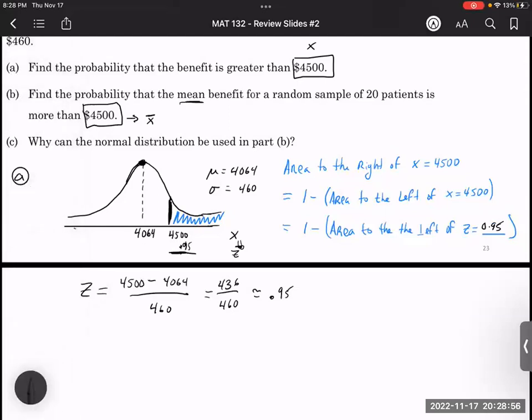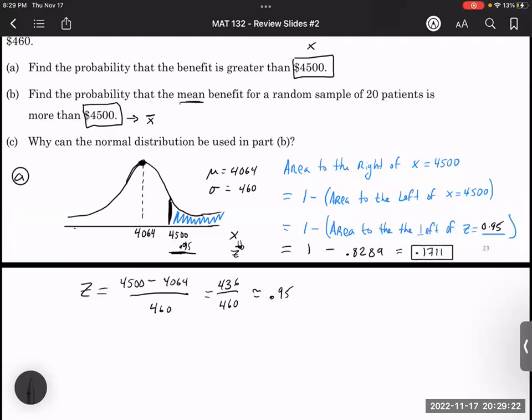Now I just have to use the Z table. I take 1 minus the area to the left of Z. So if Z is 0.95, then that's 0.8289, and this will give 0.1711.